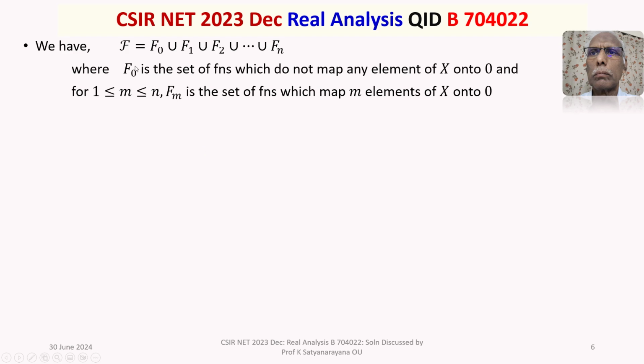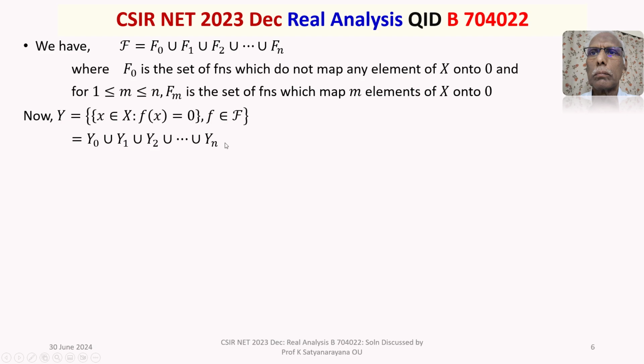Script F, and the meaning of F naught, F1, F2, Fn we have already explained. Now, Y is equal to the set consisting of the set x belongs to X, f of x is equal to 0, f belongs to script F. Right. So, that is written as Y naught union Y1 union Y2 union Yn.